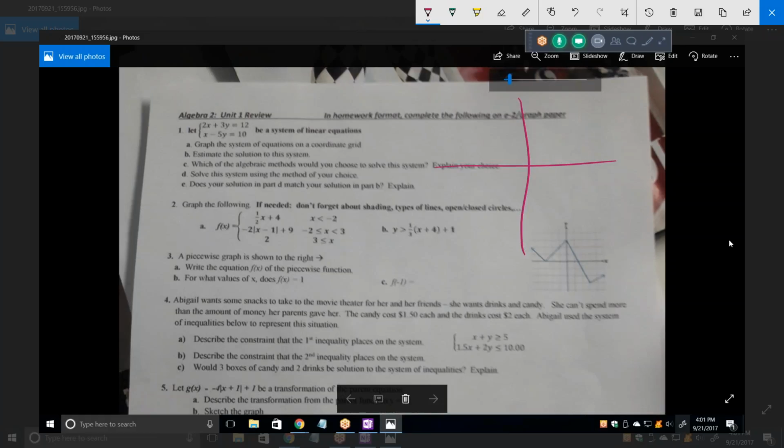So you plug in 0 for y. Okay. So for x right now, that'll be x is 6. Okay, that's the x-intercept. Right. What's the y-intercept on that line? That first one.